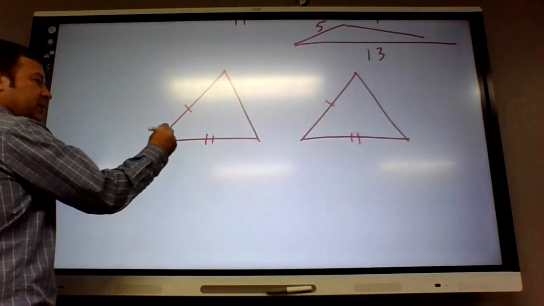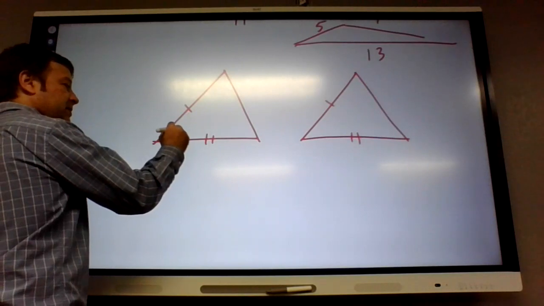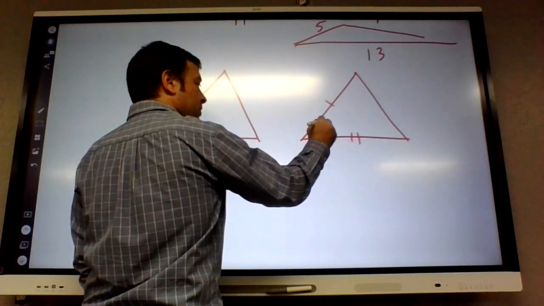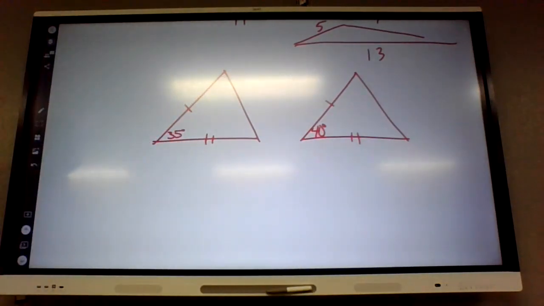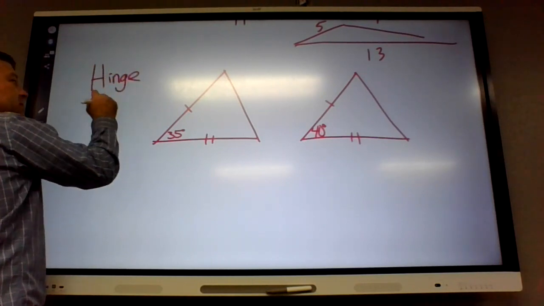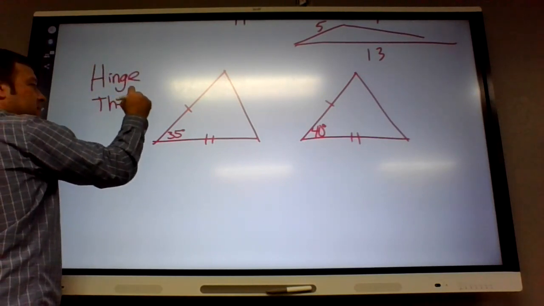And then you have to know something about the angle between them. Let's say this angle is 35 degrees and this angle is 40 degrees. Then what can be said about these two triangles that they didn't say? The base is gonna be the same.